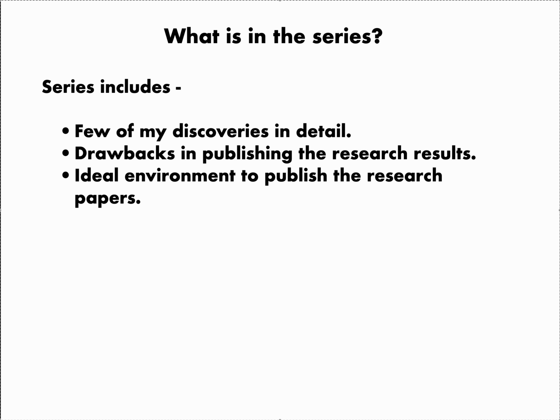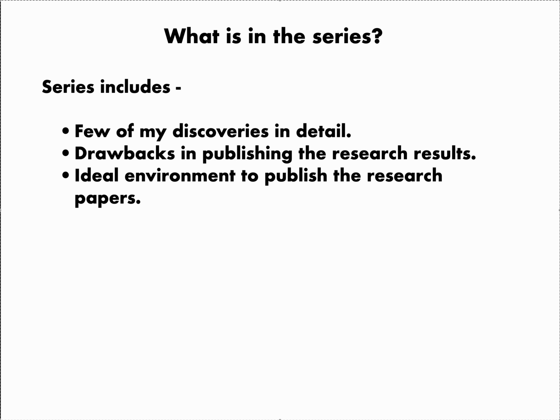So, a little bit about the series. I started last year. In the beginning, the first talk was an introduction, and later I added a few of my discoveries in detail, and then the drawbacks in publishing research results.